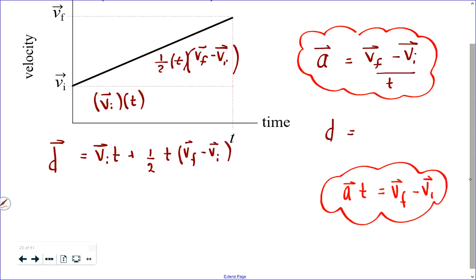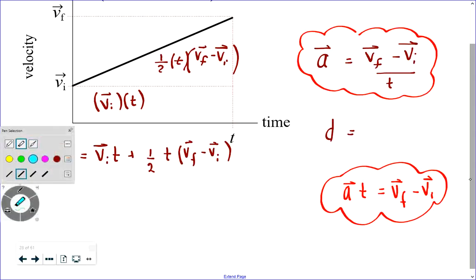Mathematically, VF minus VI is right here. So I'm playing mathematical games here. I'm doing some algebra.